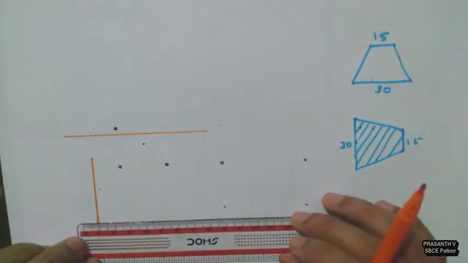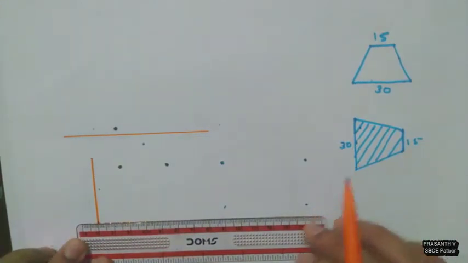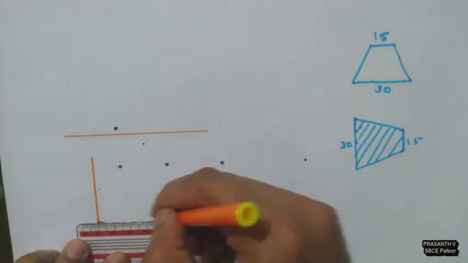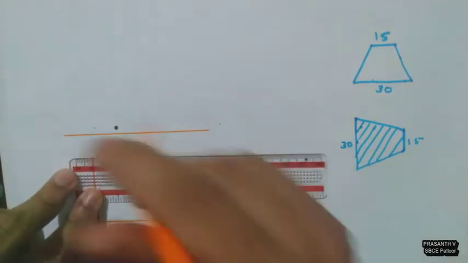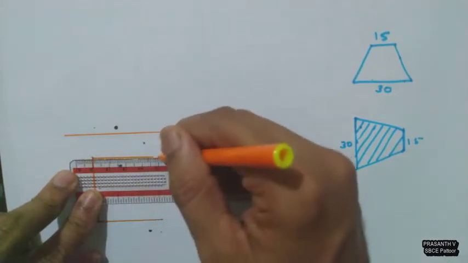So we have to draw with one edge perpendicular to VP. I will explain to you why we need to take the side of the base perpendicular to VP.